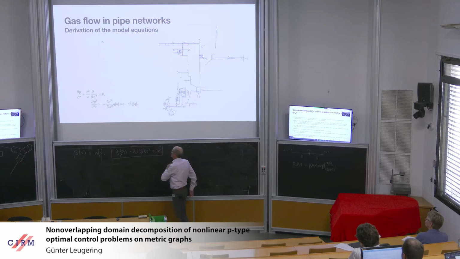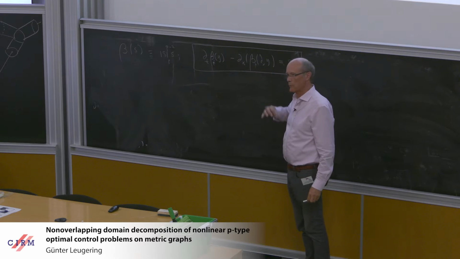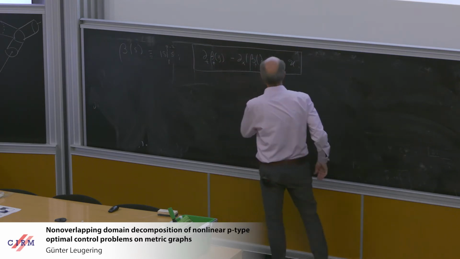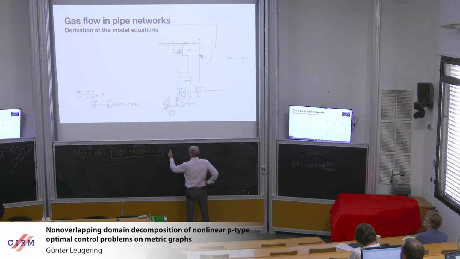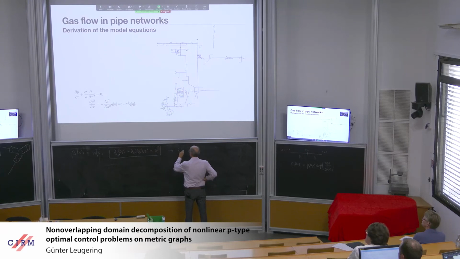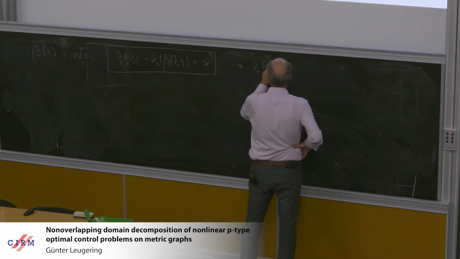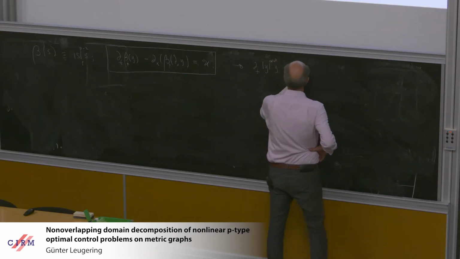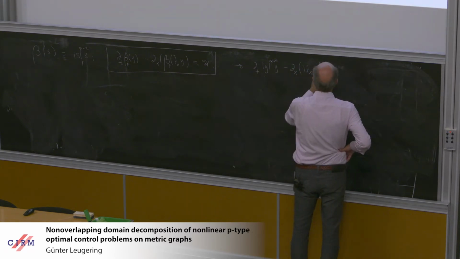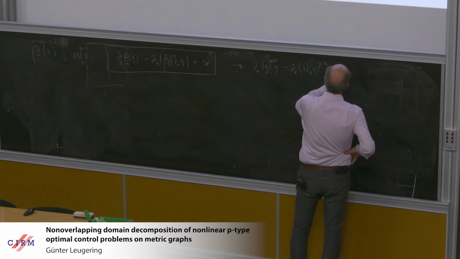And this is what we call a doubly nonlinear parabolic equation of p-type. P-type because of this. And if you resolve this, it is the standard alpha minus 2 y minus d_x y to the power p minus 2 d_x y is equal to u.